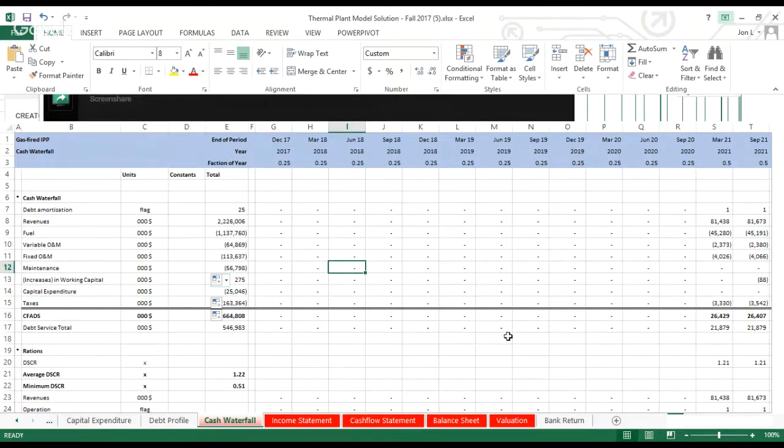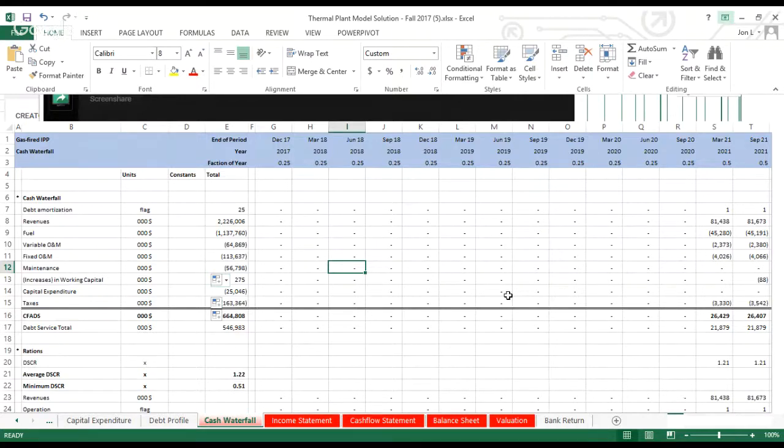So we analyze each period's discrete ability to repay debt. We calculate our cash flow available for debt service for each period, and then we figure out what our debt service is for that period, and the ratio of the two is your DSCR.